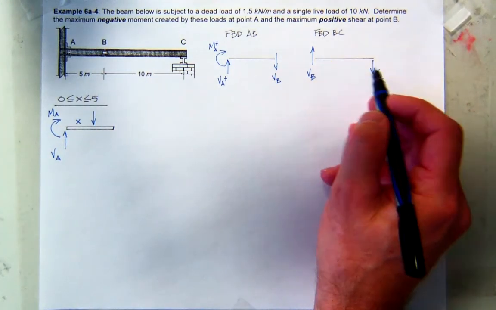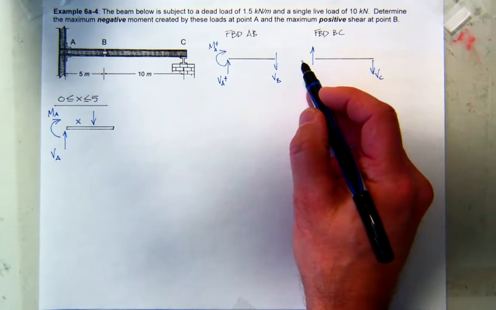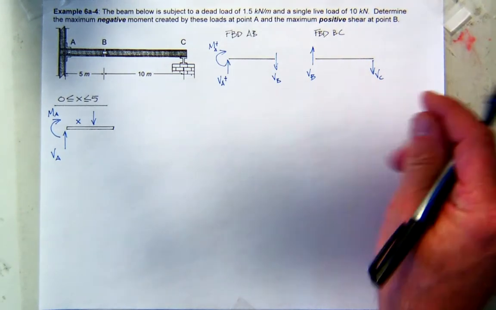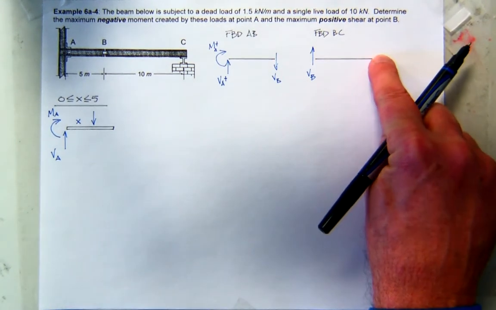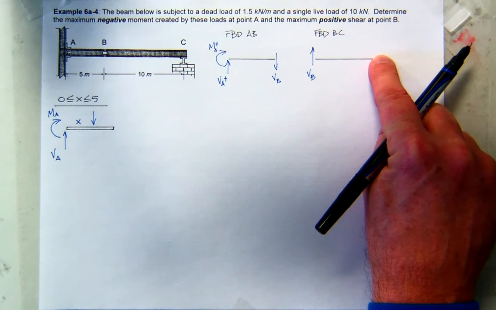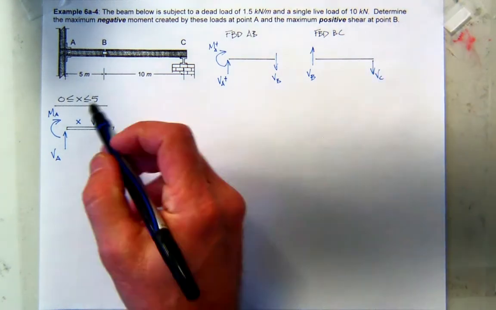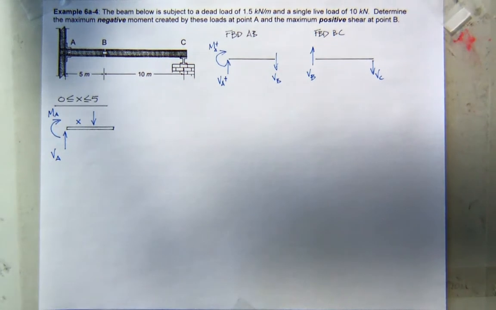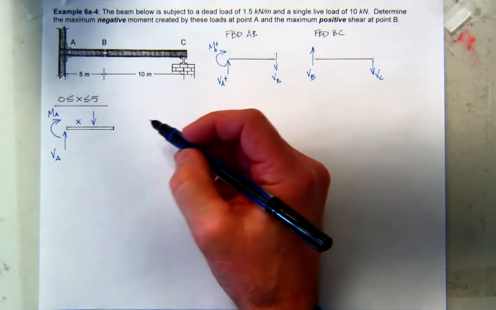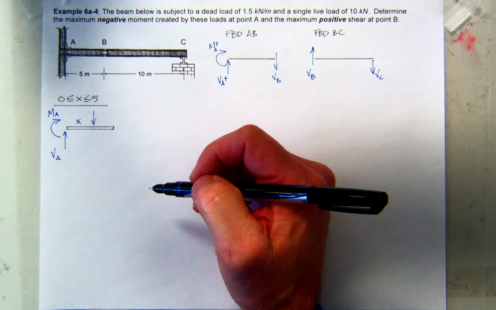Well, if there's no load on BC, then the shear at B is 0. And you can see that just by summing moments at C. If you sum moments at C, what does shear at B have to be with no load? Got to be 0. So that's it. That's what it looks like right there. There is no shear at B. The shear at B is 0.